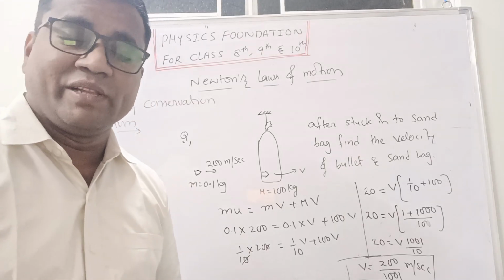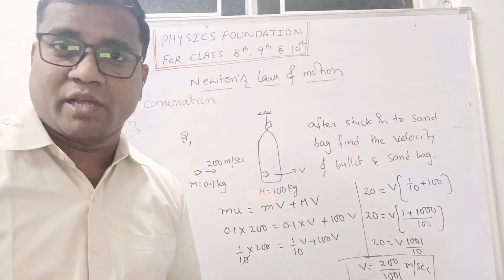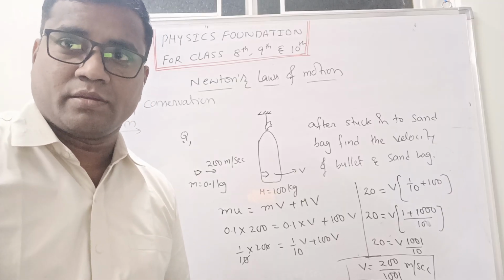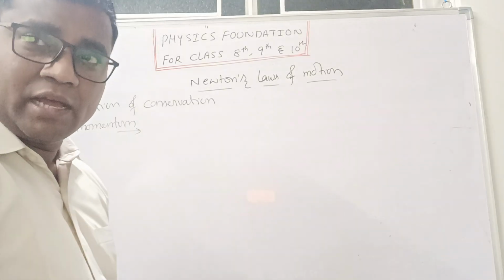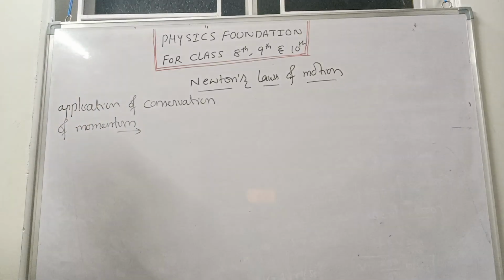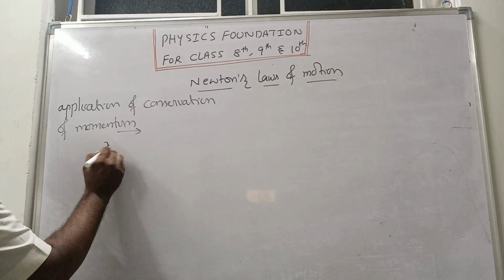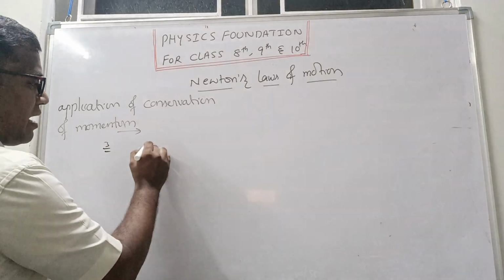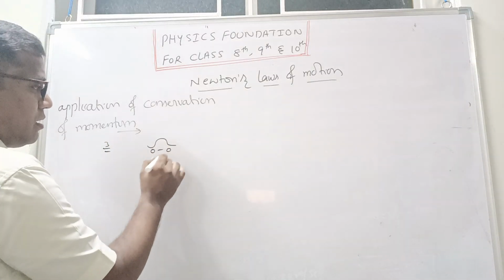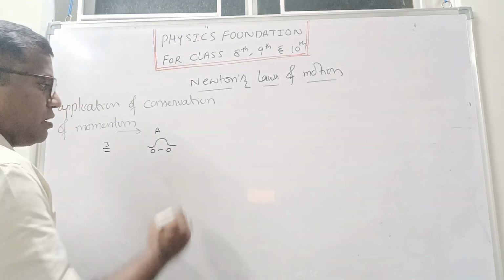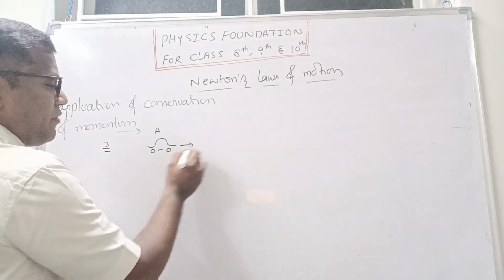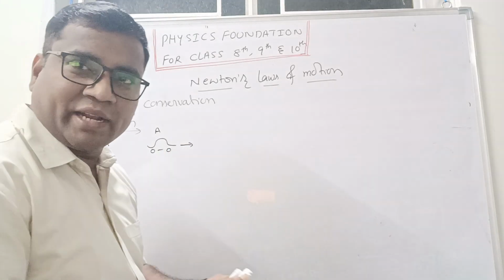Clear? Now we will see one more application, another way in which questions can be asked. For example, here, the third application: a car is there. Car A is moving with some velocity. We are considering toy cars.